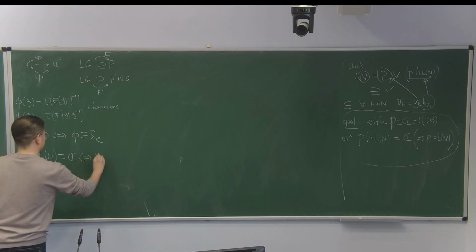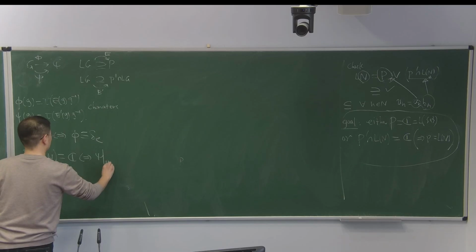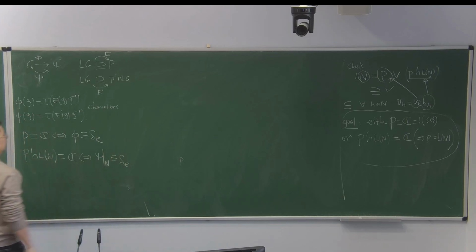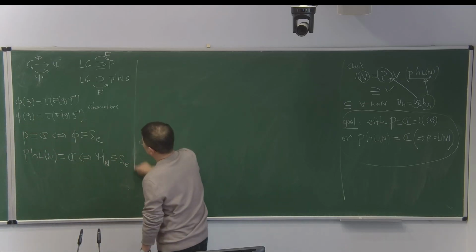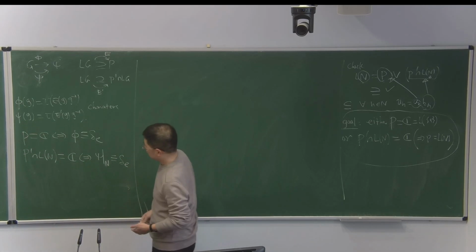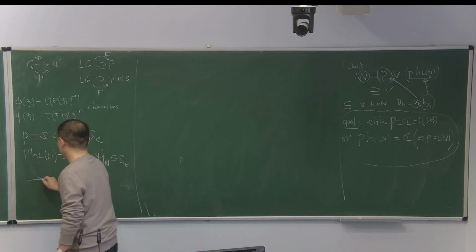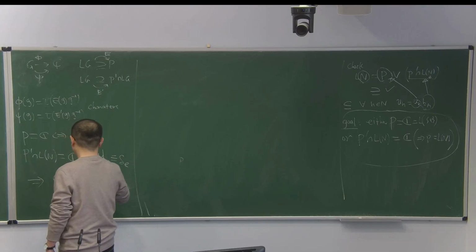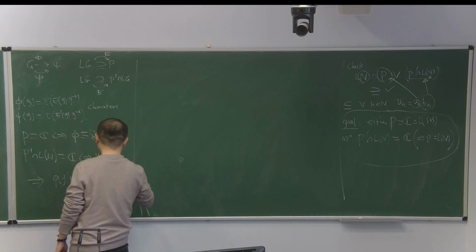This means psi restricted on N equals delta E. So at least if this is true, this tells us phi g psi g equals 0 for any non-trivial element g in N.